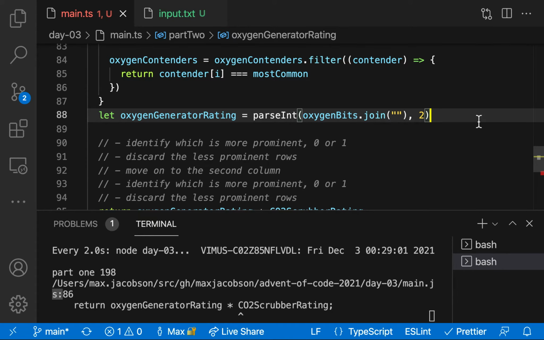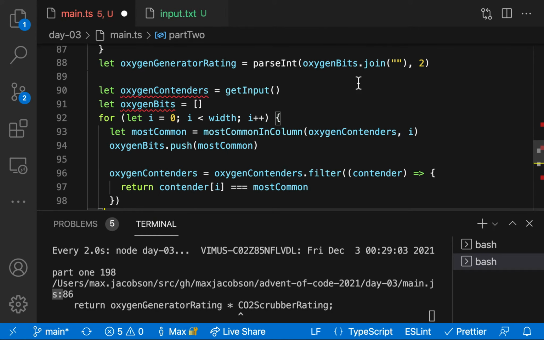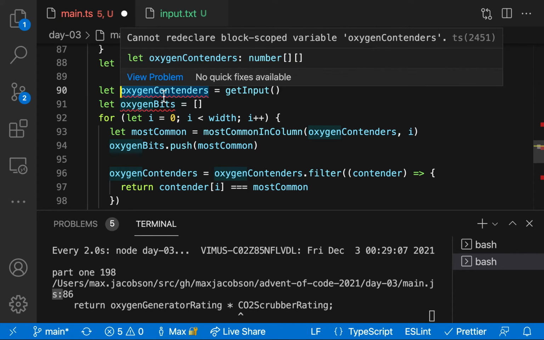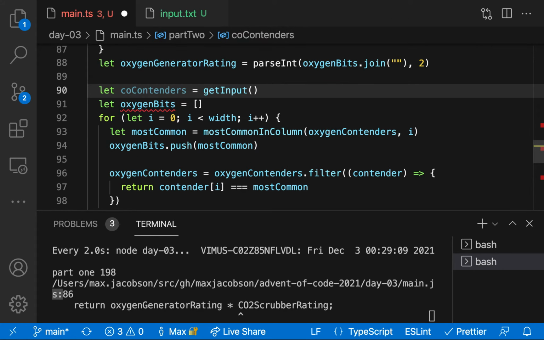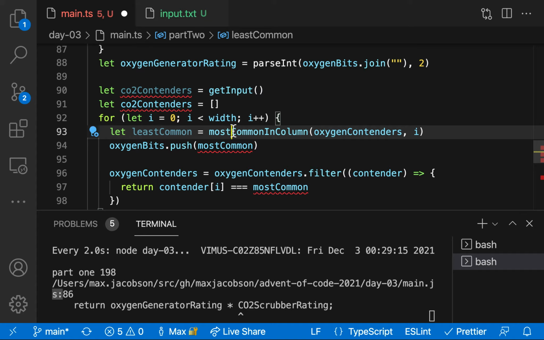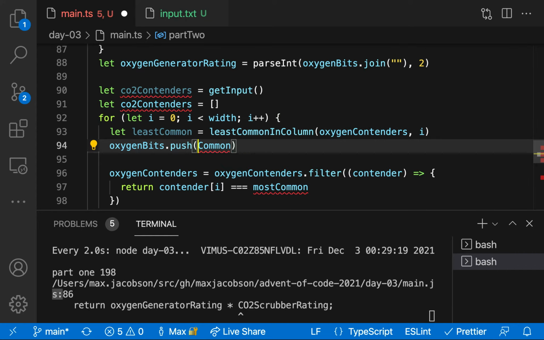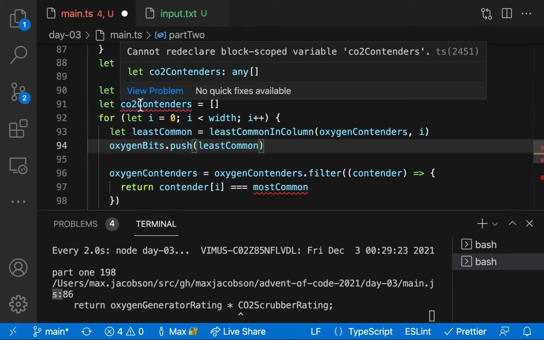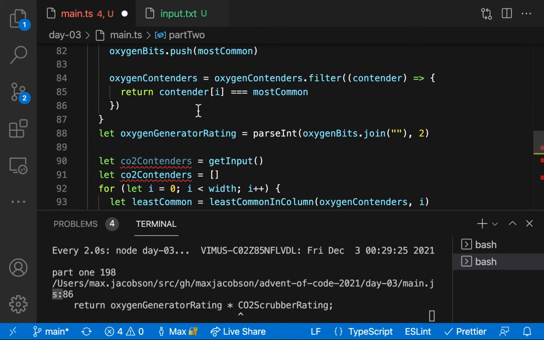All right, so let's just repeat it, and we'll call this CO2 contenders. And we'll say least common. And this should be bits.